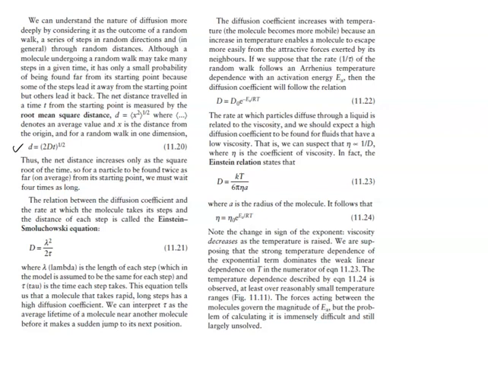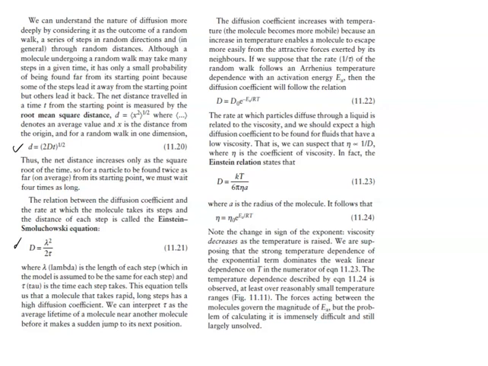The relation between the diffusion coefficient and the rate at which the molecules take their steps and the distance of each step is called the Einstein-Smoluchowski equation, where lambda is the length of each step, assumed in the model to be the same for each step, and tau is the time each step takes.